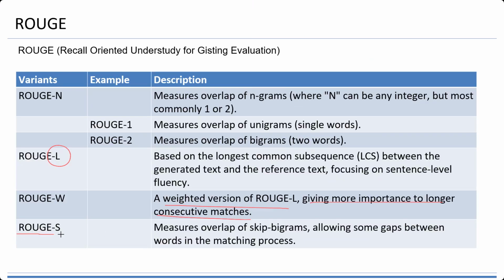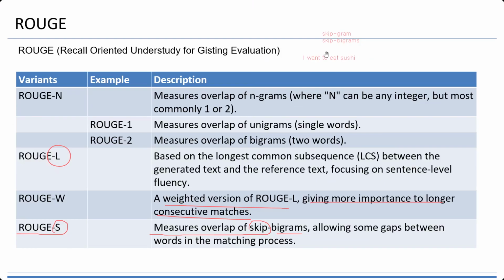And we have ROUGE-S. ROUGE-S means we want to measure the overlap of skip-bigrams. If you still remember, we learned about the skip-gram. So if we have a very long sentence, for example, I want to eat sushi, it means we have 1, 2, 3, 4, 5 words.